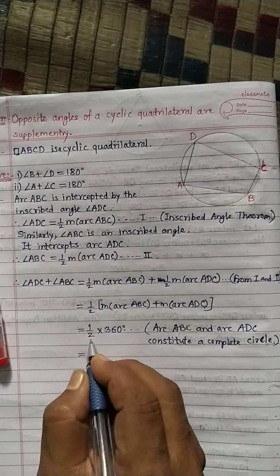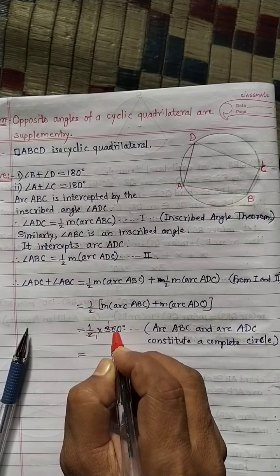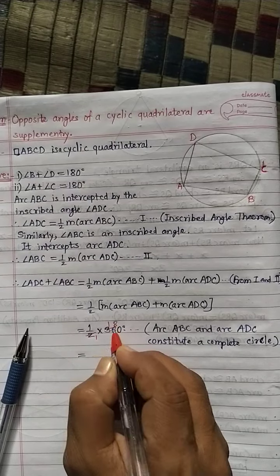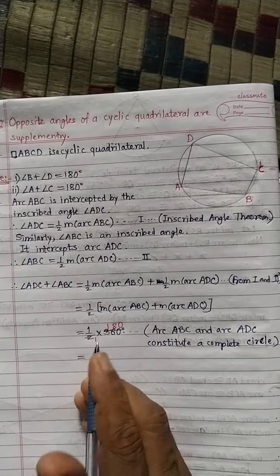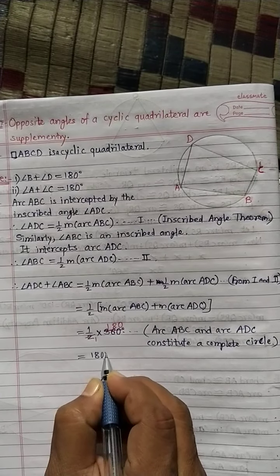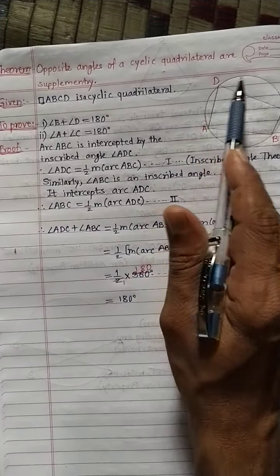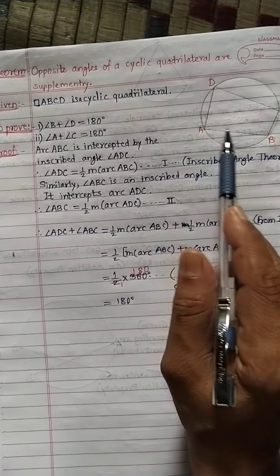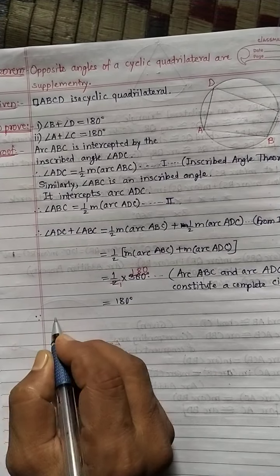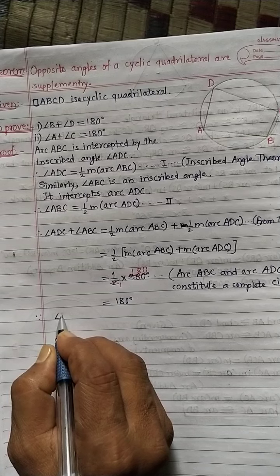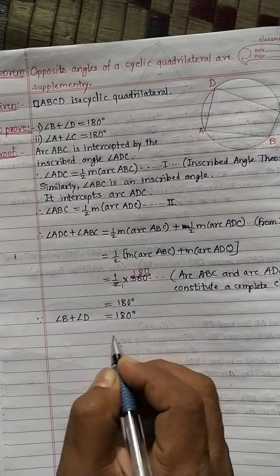Okay, so here 2 ones are 2, 2 ones are 2, remaining is 1, means 16, 2 8s are 16 and 2 zeros are 0. So the answer is 180. So here angle ADC plus angle ABC is equal to 180 degrees. That means angle B plus angle D is equal to 180 degrees.